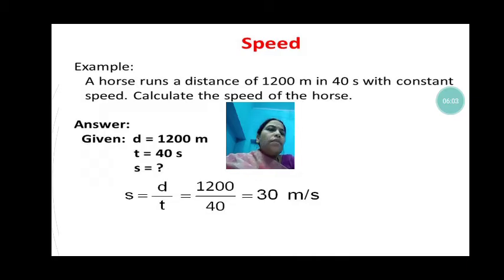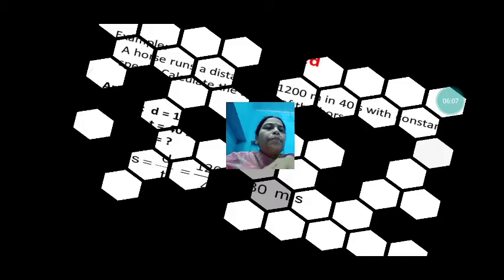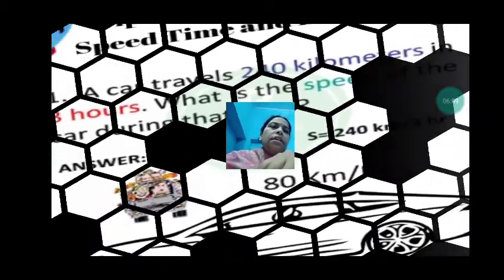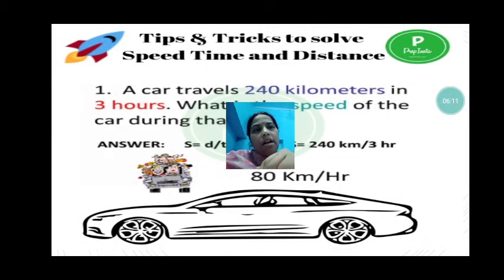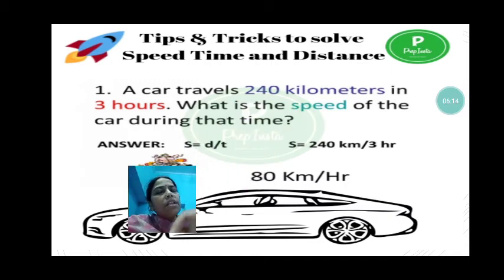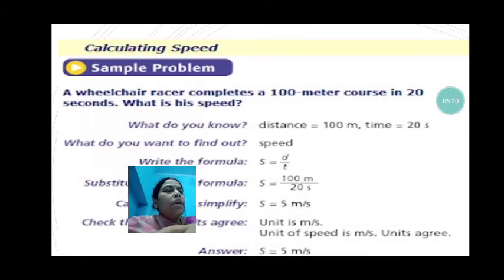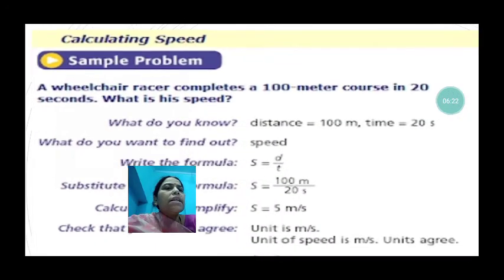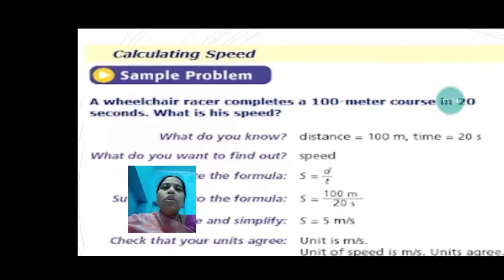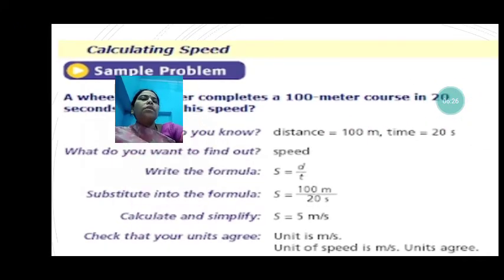In this question you have seen the unit is meter per second. In the previous question it was kilometer per hour, because the distance was in kilometer and the time was in hour. In the question before that, we also saw meter per second, because distance was in meter and time in second. So don't be confused about the units.